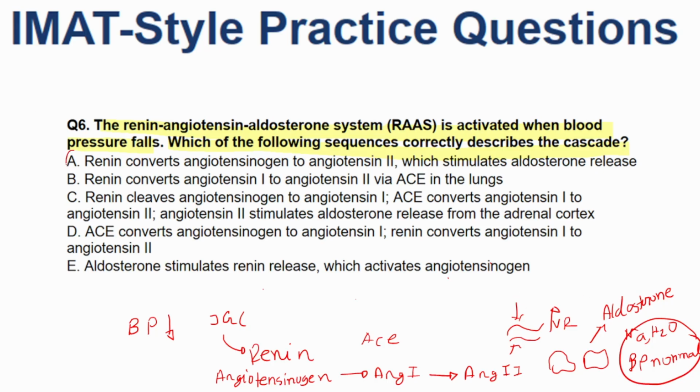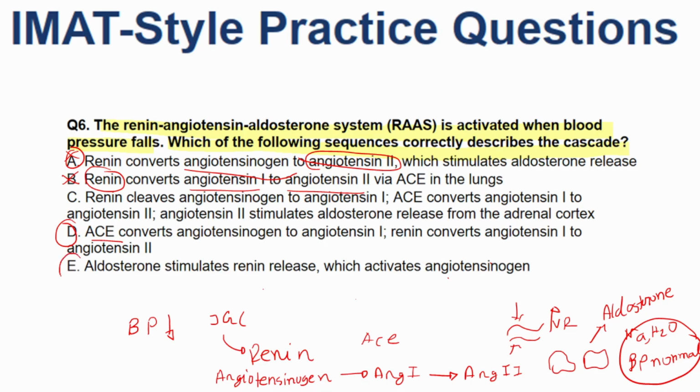Option A is incorrect because renin converts angiotensinogen to angiotensin 1, not directly to angiotensin 2. Option B is incorrect because ACE converts angiotensin 1 to angiotensin 2, not renin. Option D gets the order completely backward, claiming ACE acts first on angiotensinogen.